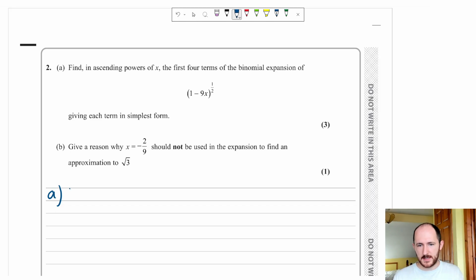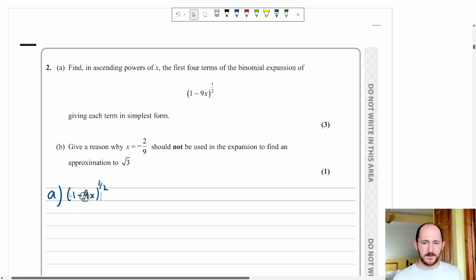So if I say 1 minus 9x to the power half, remember that this first value here should always be a 1. If it's a 2, you have to factorize out 2. If it's a 3, you factorize out 3, and so on. You have to make sure it's just 1, nothing else, okay? And in terms of where you get your marks from, you get them from writing this.